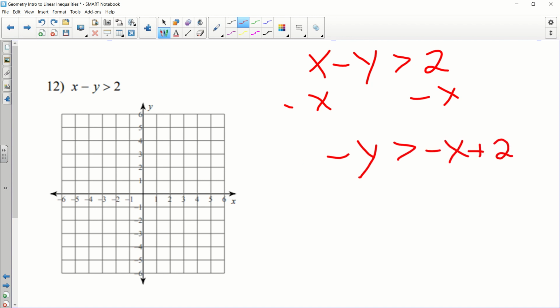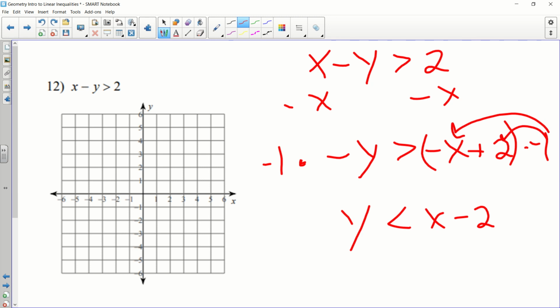And to get y positive, I'm going to multiply both sides by negative 1. Now, if you remember back to Algebra 1, whenever you multiply or divide both sides by a negative, I need to reverse the sign. That is a key point in inequalities that you don't see in equations. So y is now less than x minus 2, because I have to distribute that negative 1 to both terms in parentheses.